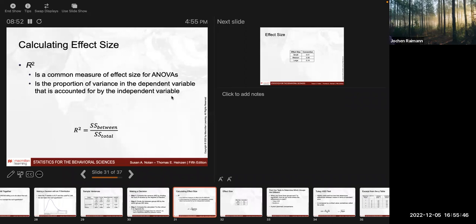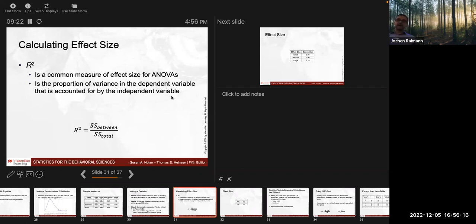The R squared is the sum of squares between divided by the sum of squares total. So you have a total variance and a between-groups variance, and with the R squared you calculate the proportion of the sum of squares between out of the total sum of squares. So the R squared is essentially a proportion.